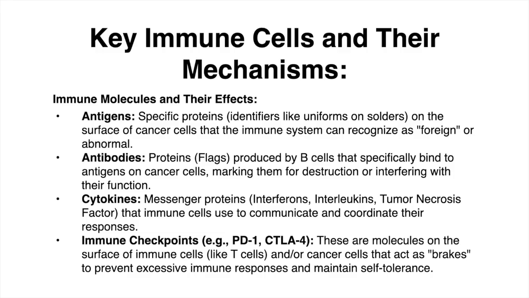That PD-1, they're one that tells the immune system, okay, you've been busy long enough, calm down. Same thing with the CTLA-4. These are molecules that basically regulate the immune system. So they tell it to speed up, they tell it to slow down, they tell it what to do.